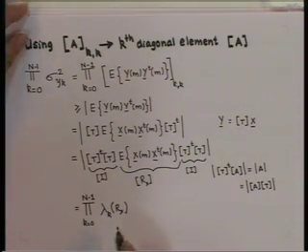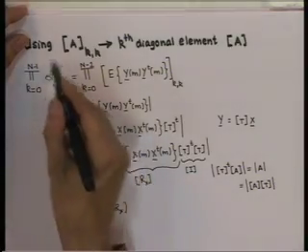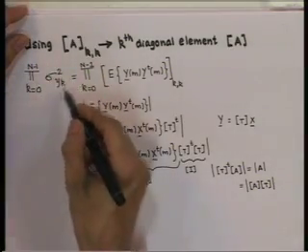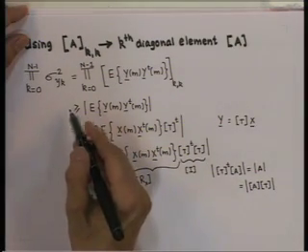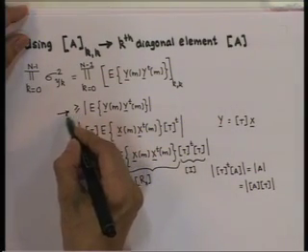So, thus minimization of this quantity would occur if equality could be established at this point.